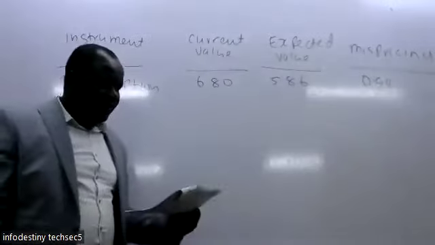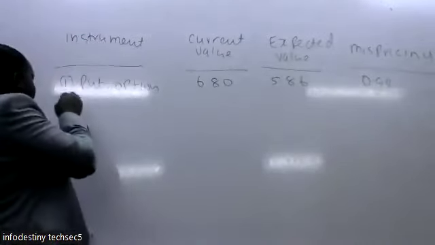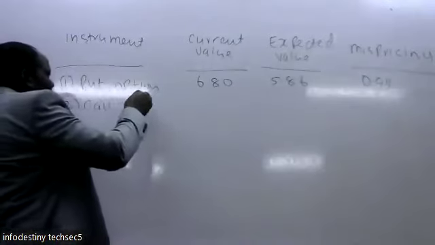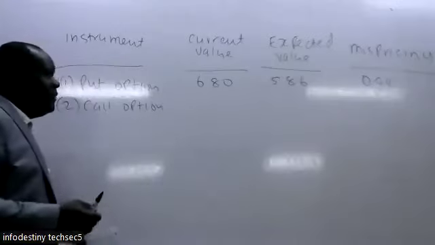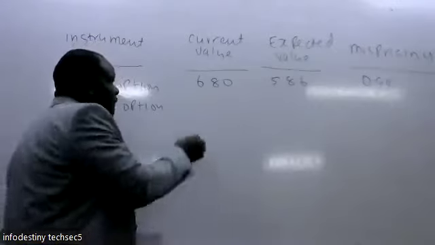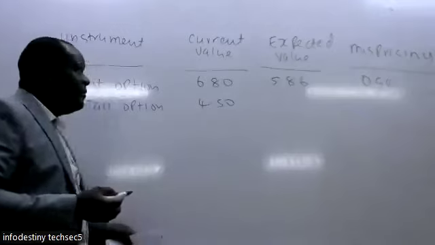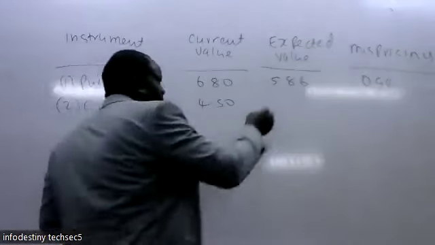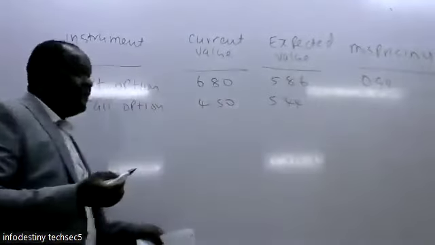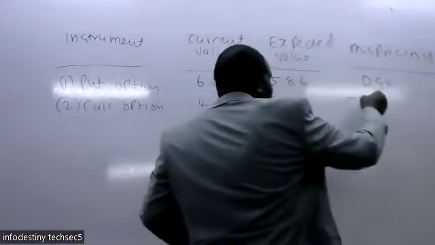The next one should be the call option. For the call option, the current value was which here? 4.5. Roman letter 2 you calculated 5.44. So that difference should be yours, negative 0.94.